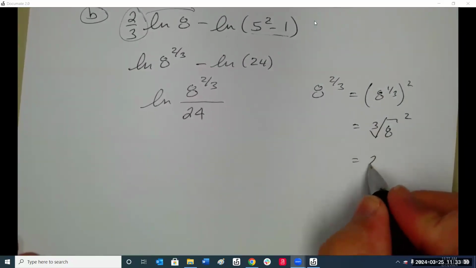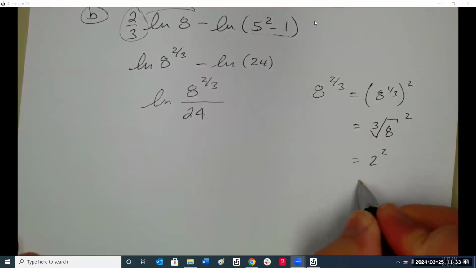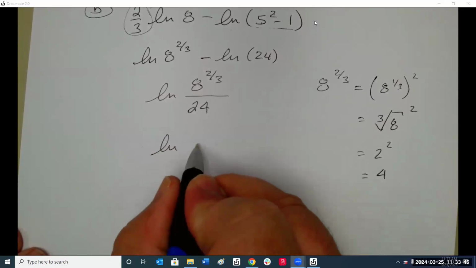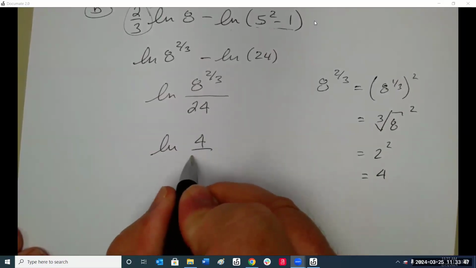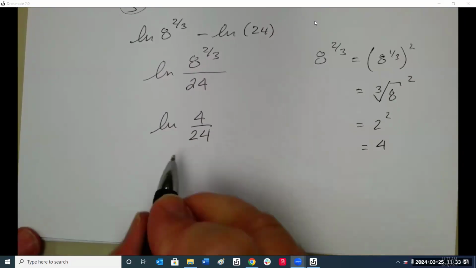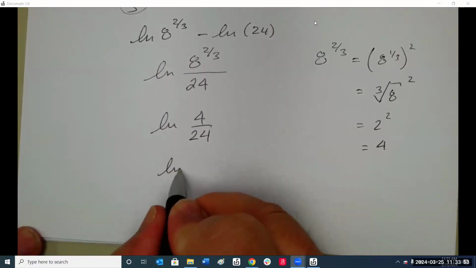Cube root of 8 is 2. 2 squared is 4. And you simplify that.